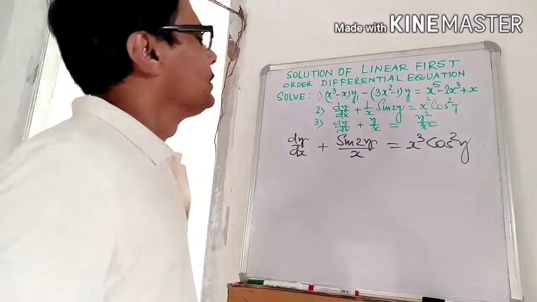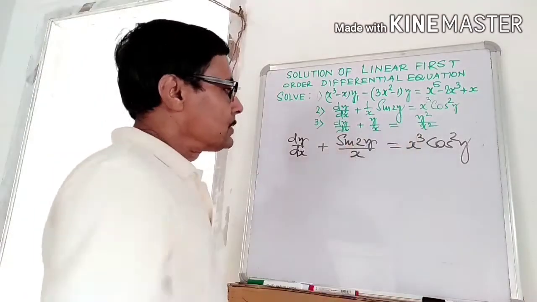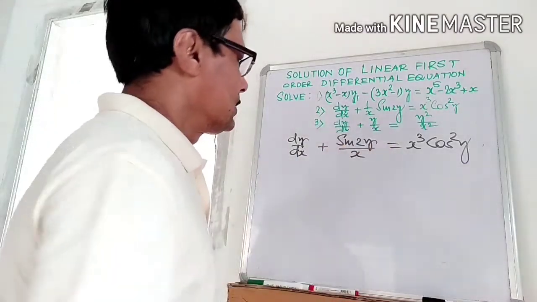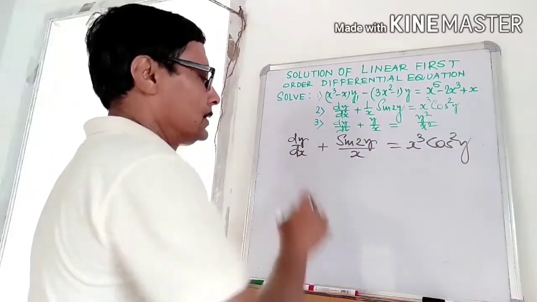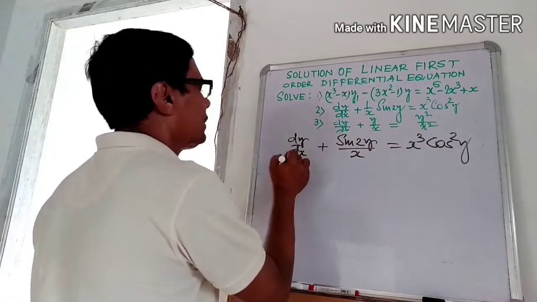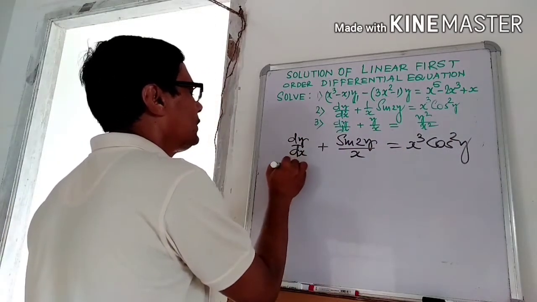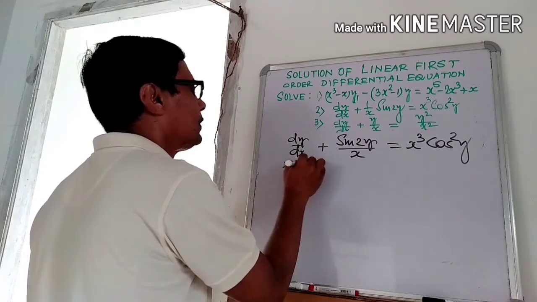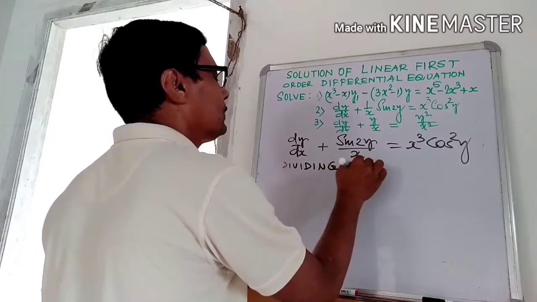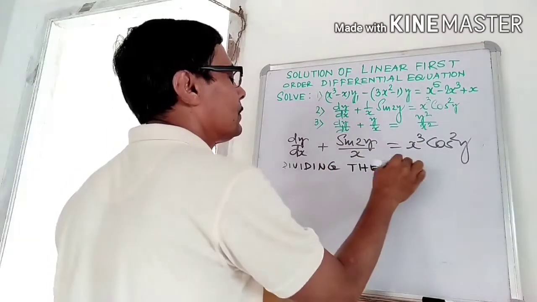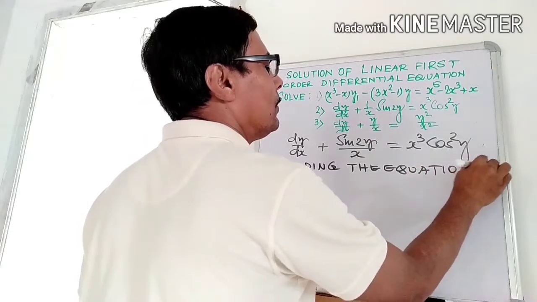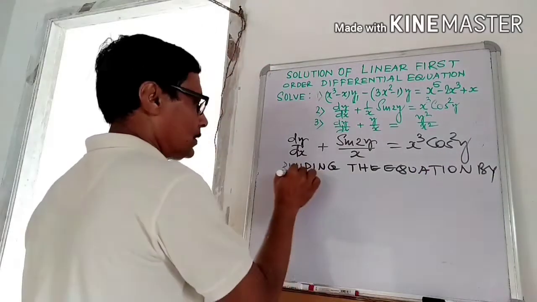We can use the substitutions here. Firstly we divide the equation by cos square y.